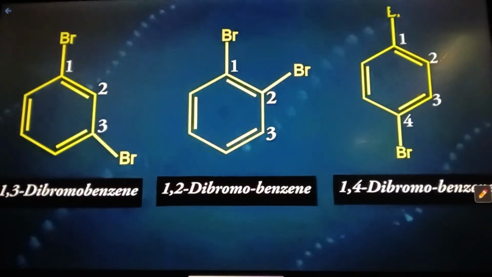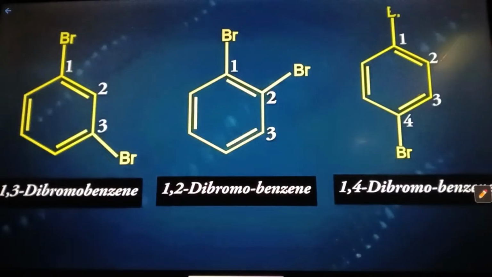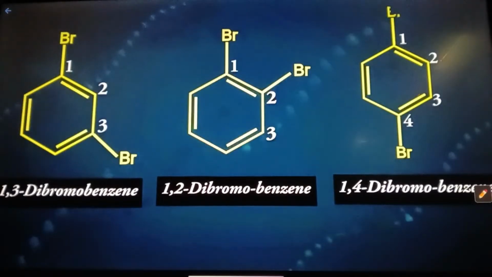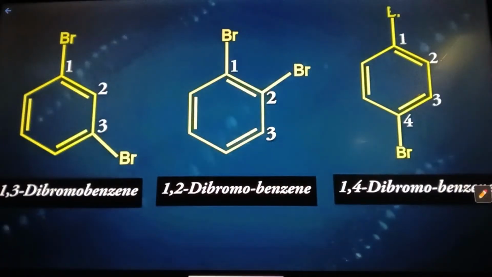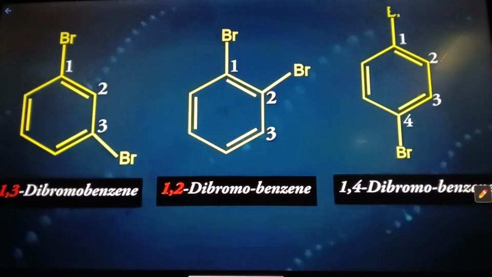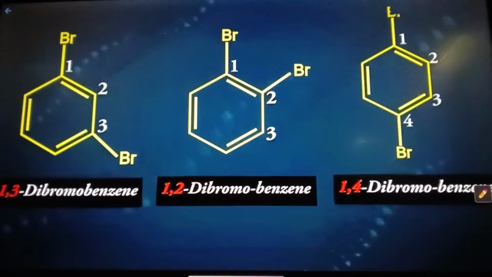In the trivial system of nomenclature, the terms meta, m, ortho, o, and para, p, are used as prefixes to indicate the relative positions 1,3, 1,2, and 1,4 respectively.